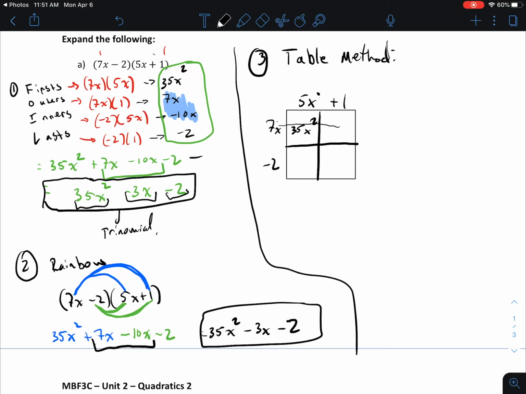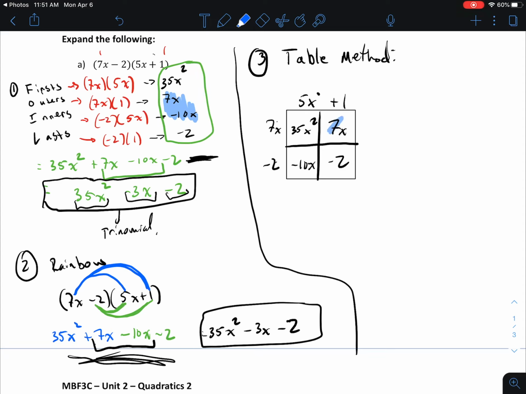So 7x multiplied by 1 is going to be 7x. And then 5x multiplied by negative 2 is going to be negative 10x. And then negative 2 multiplied by 1 should be negative 2. And you can see there are your 4 terms from right here and right here.